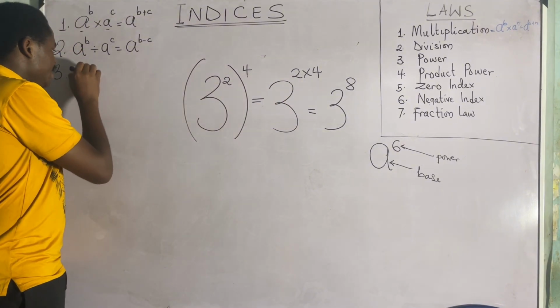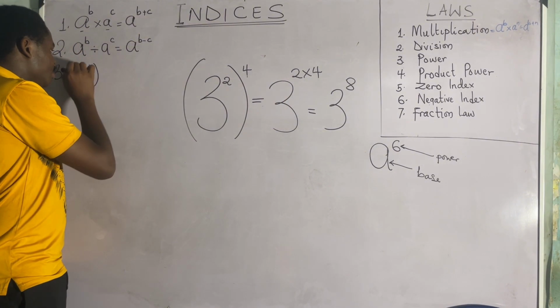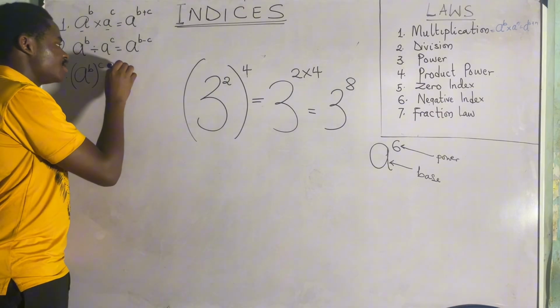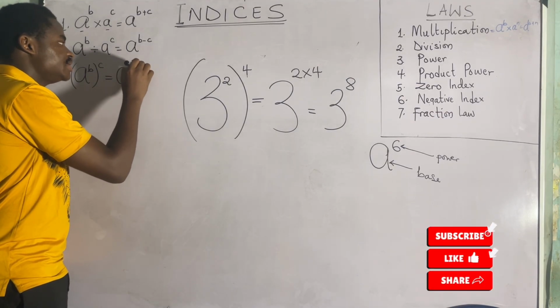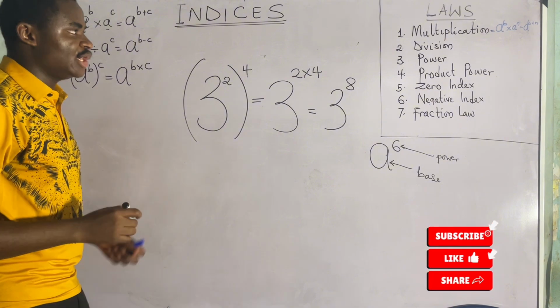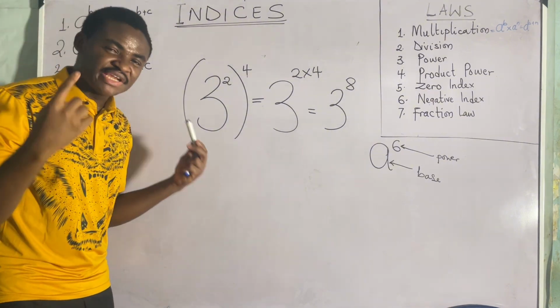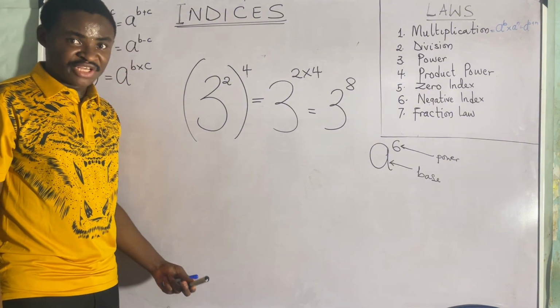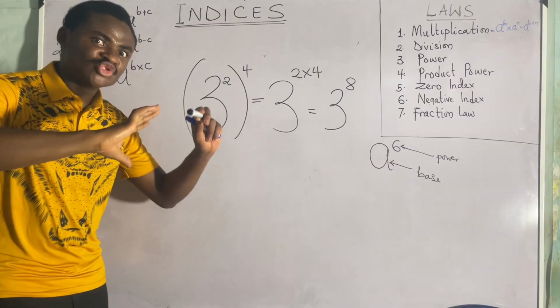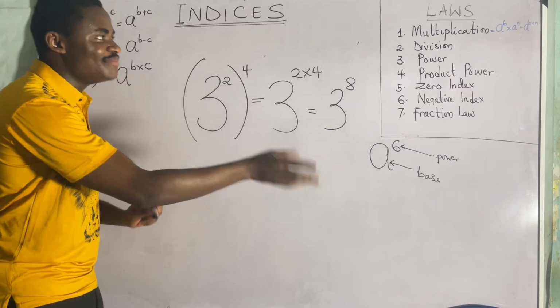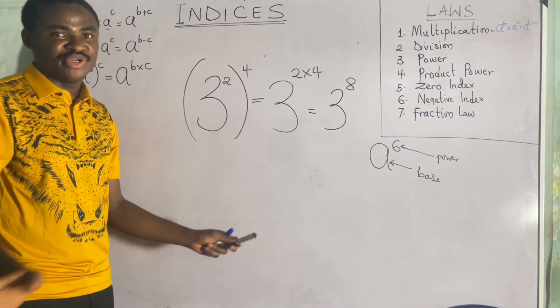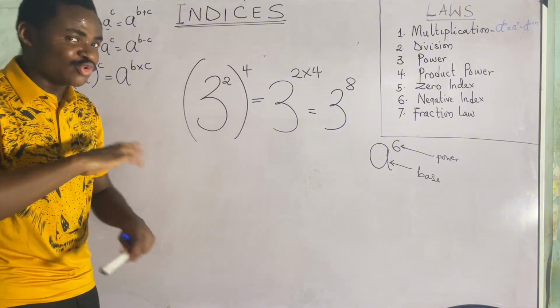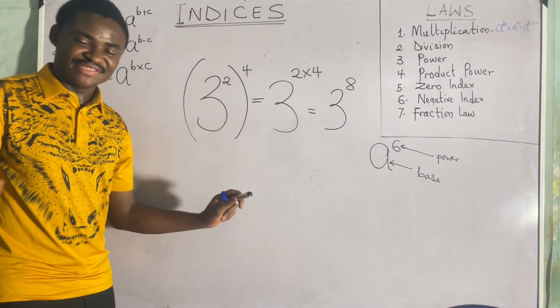So (a^b)^c becomes a^(b times c). These are laws. You go through these laws many times till it becomes your own, till you become a master at it. Once you get it correctly, you can solve all the questions I'll bring your way. You help me, we solve the questions together. It makes the most sense.